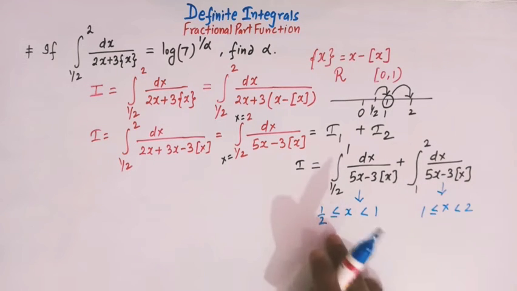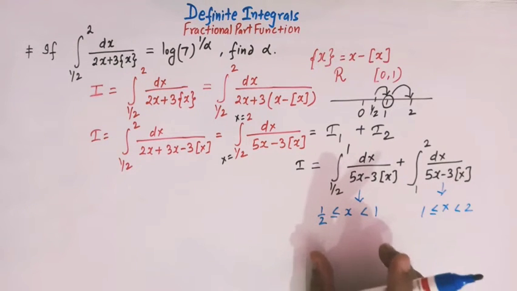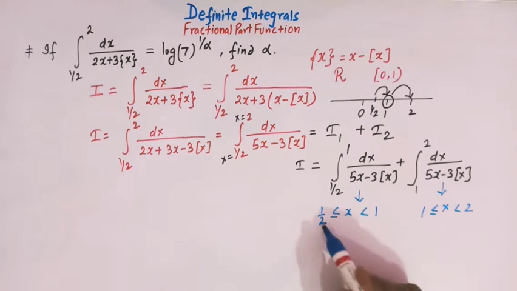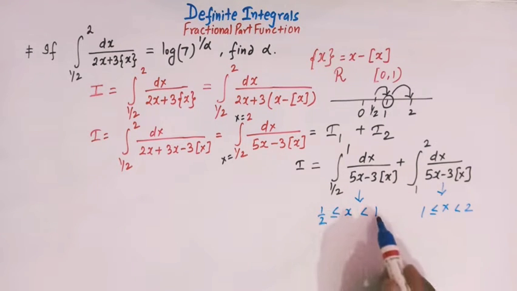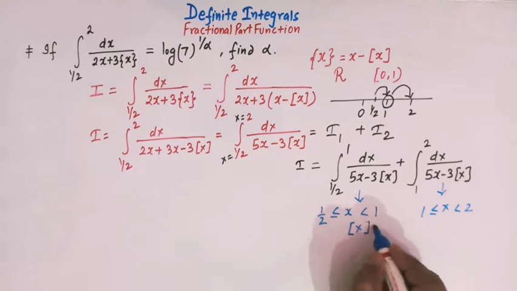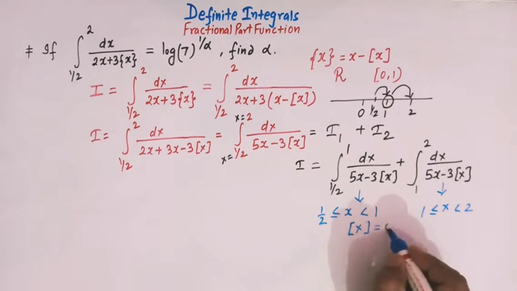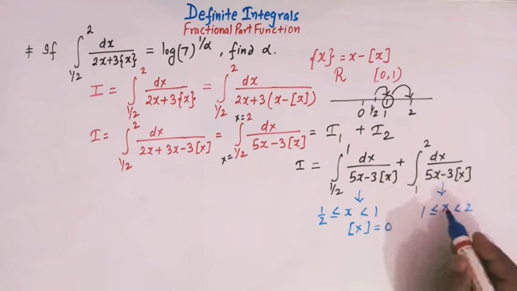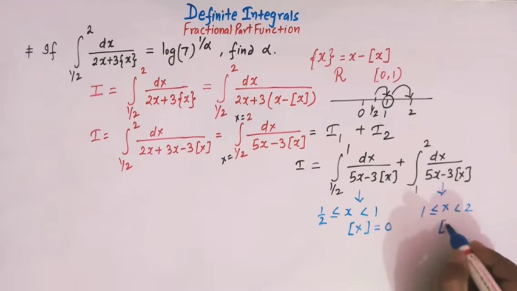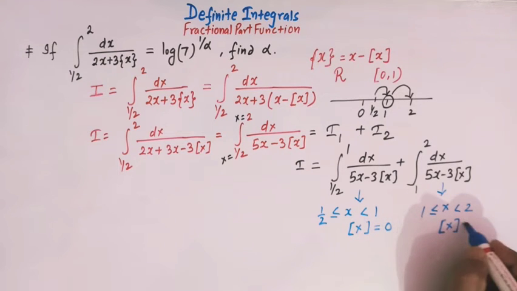So from the definition of the greatest integer function, we know that whenever x lies between half and 1, the value of the greatest integer of x is equal to 0, right? And when x lies between 1 and 2, the value of the greatest integer of x is equal to 1, right?